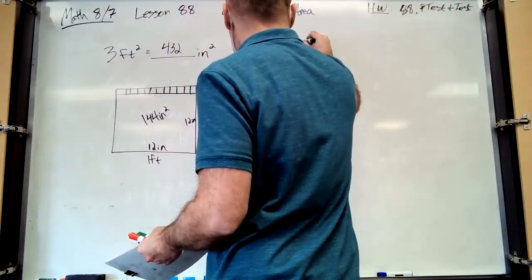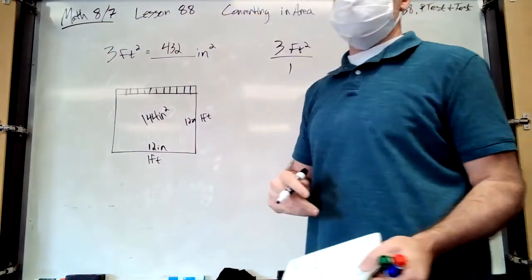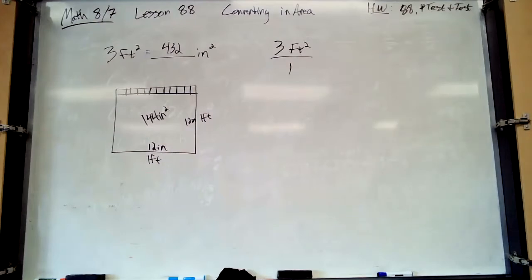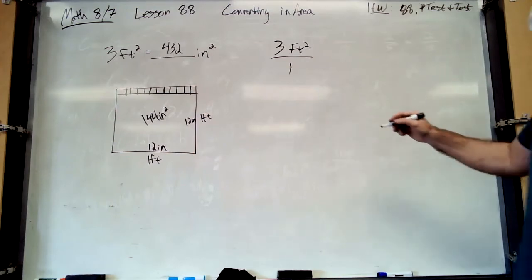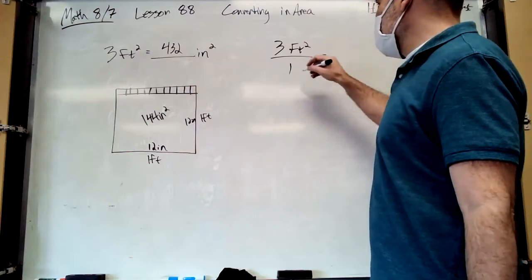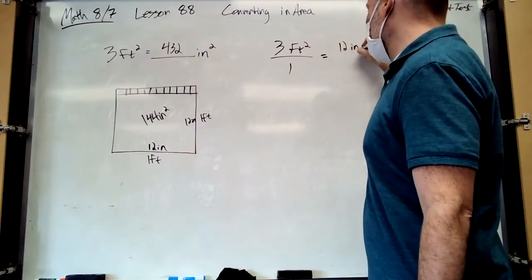3 feet squared. First step with unit multipliers is to put it over 1. And then what's the next step? You have to multiply by a unit multiplier that will cross cancel the first label. So what cross cancels feet? Well, 12 inches over 1 foot.